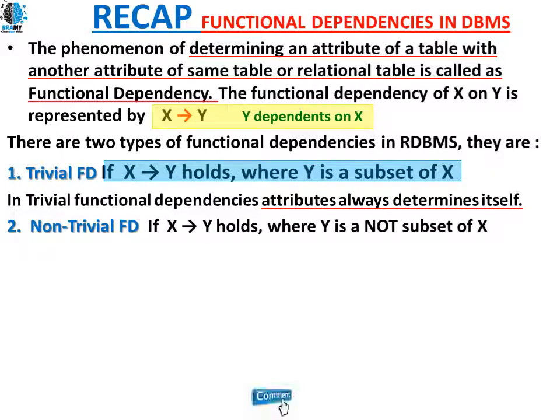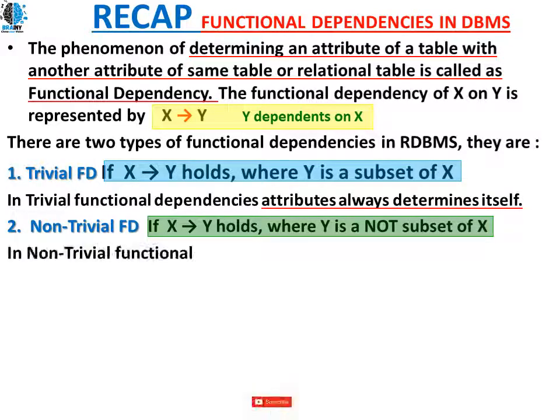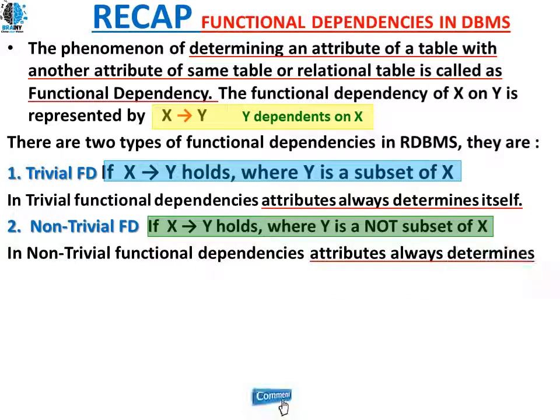Next, non-trivial functional dependency. In this, if X goes on Y holds, then Y is not a subset of X. So this is our non-trivial functional dependency, wherein the functional dependency is always going to determine other attributes. So here attributes always determine other attributes, not the same.